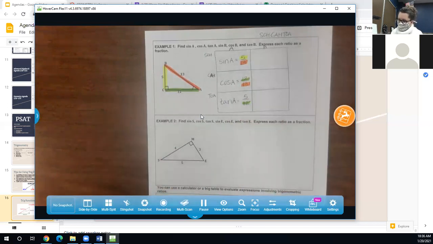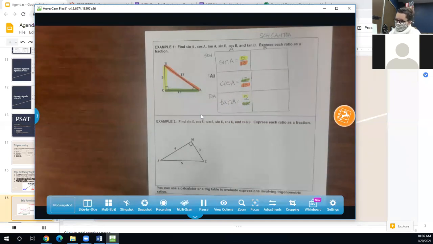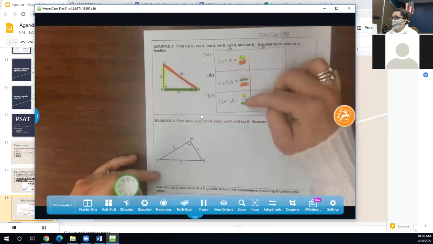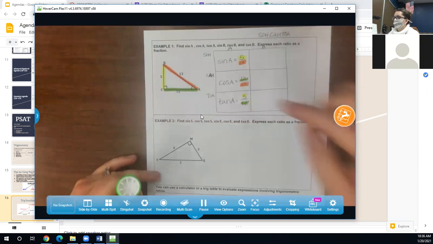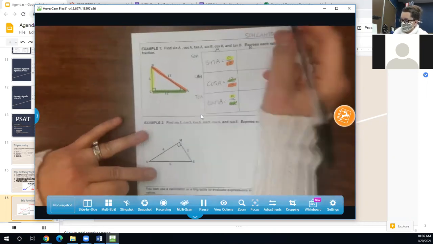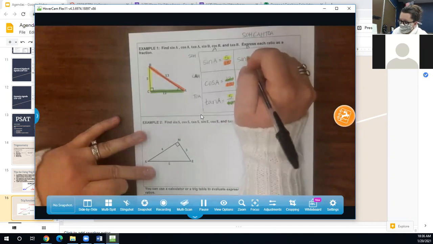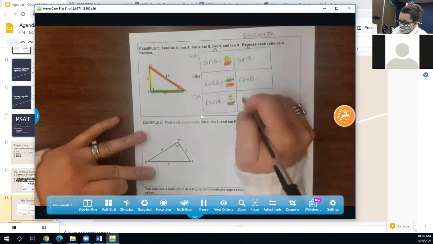Look at the colors there. Do you notice that sine, green, orange, or yellow, orange, green, orange, and then yellow, green? Isn't that funny? Interesting.